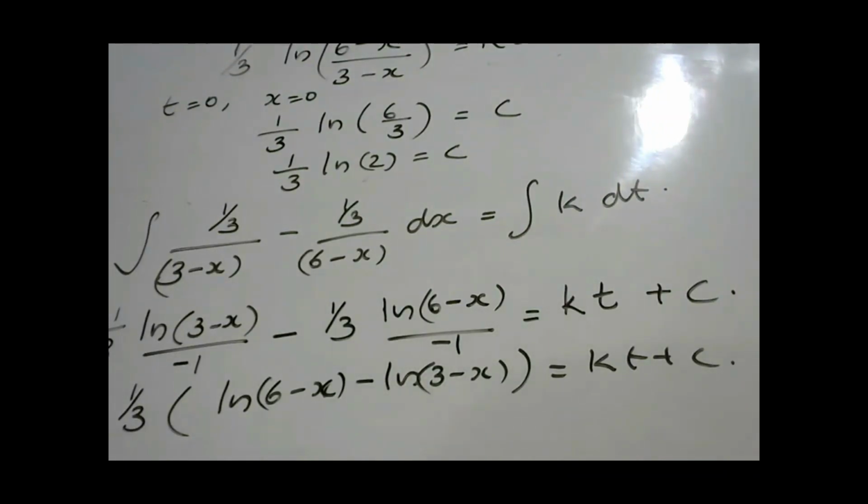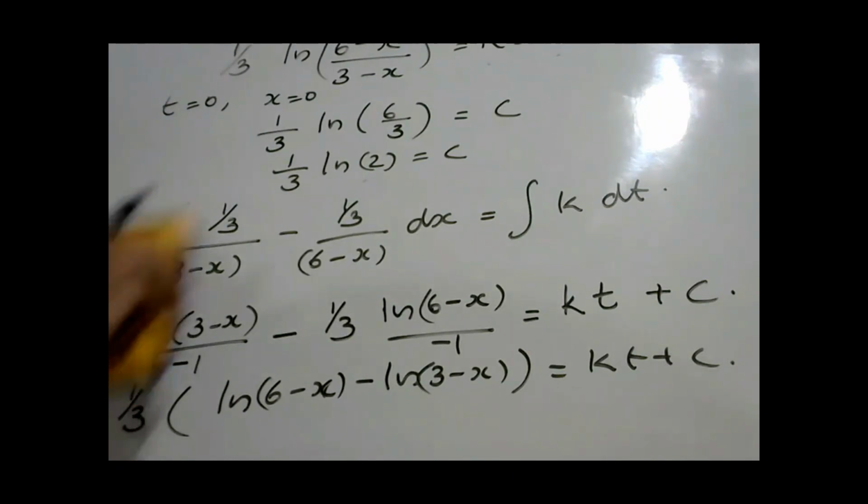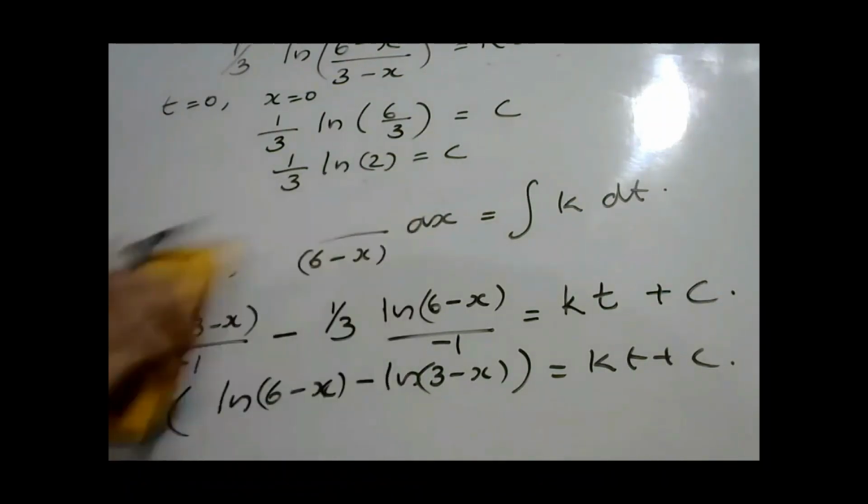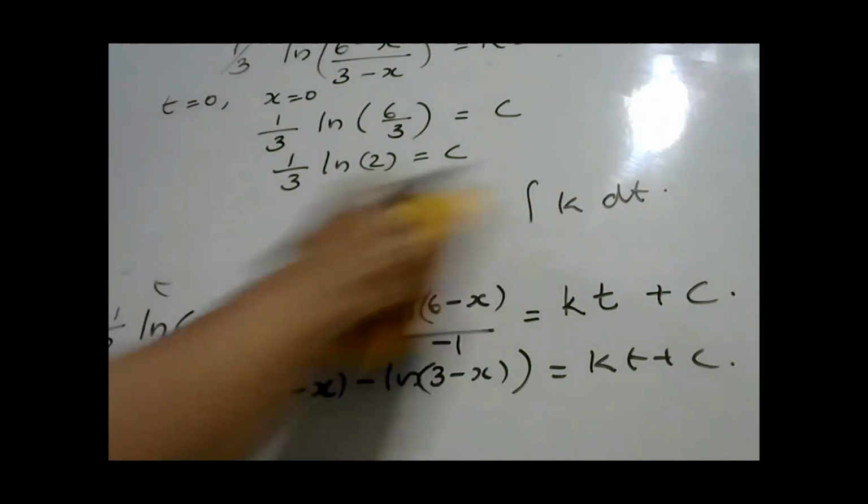Next, let us calculate the value of k. Here, another clue is given as t equal to 1, x equal to 1. When t equal to 1, x is 1. So we substitute for that.